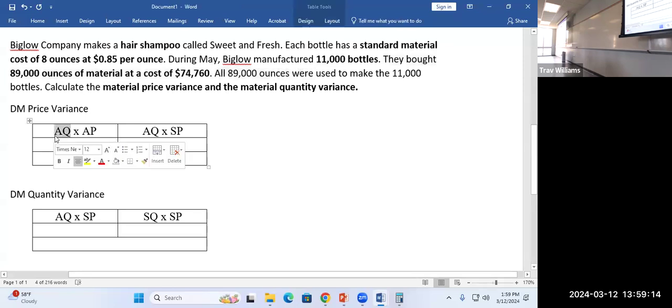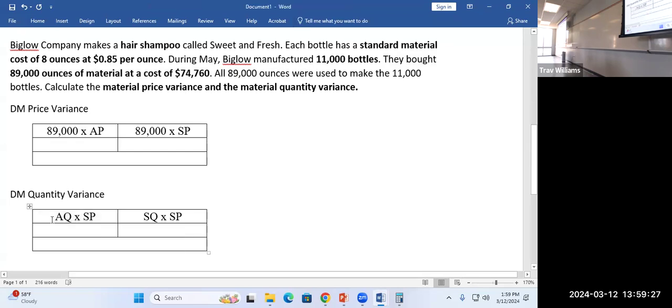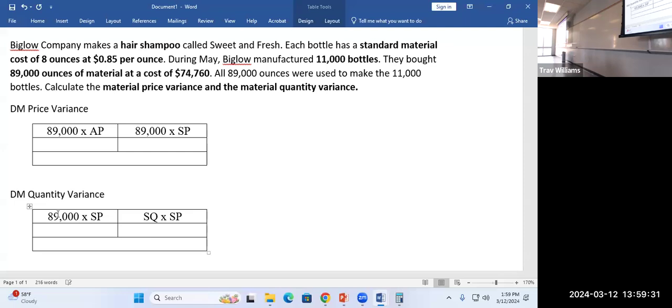So we'll put 89,000 as the actual quantity. And you might have noticed there are 3 different places to put that. Every place where I had actual quantity, we put 89,000. Does that make sense so far?